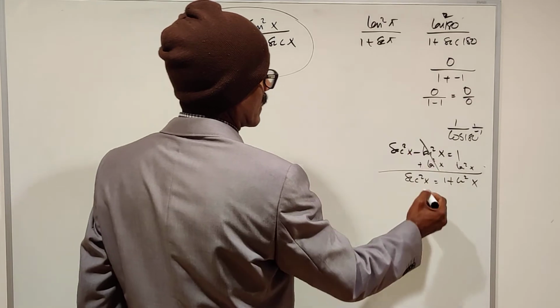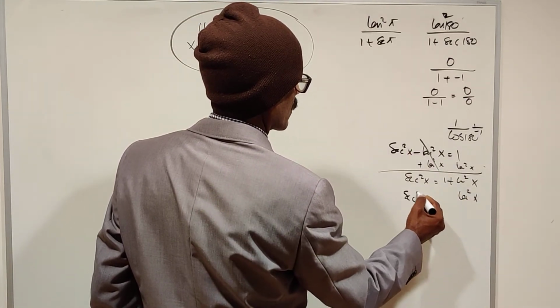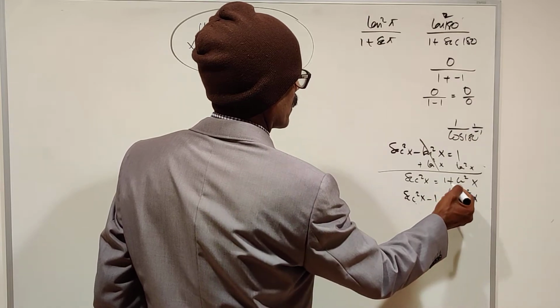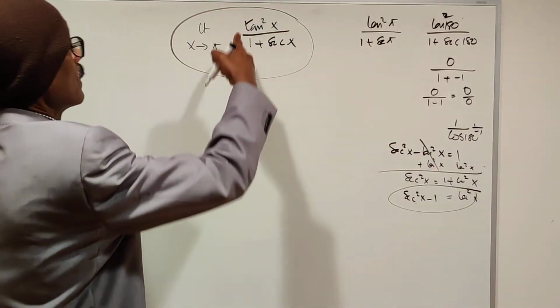What is tan square x? Tan square x equals sec square x minus 1. That is the formula we need to apply here.